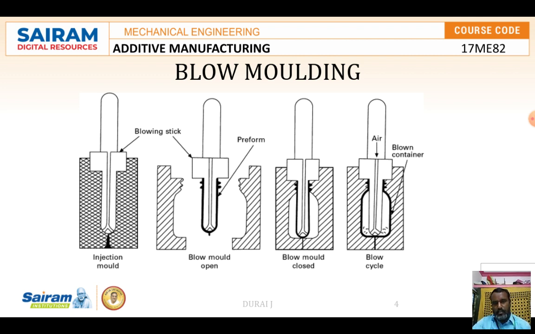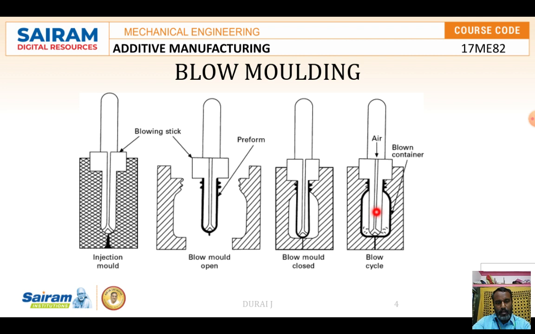So this is about blow molding. In this one, this is the open mold. Once you close the mold and apply pressure, air passes inside the thermoplastic. Heat is retained due to the cavity.